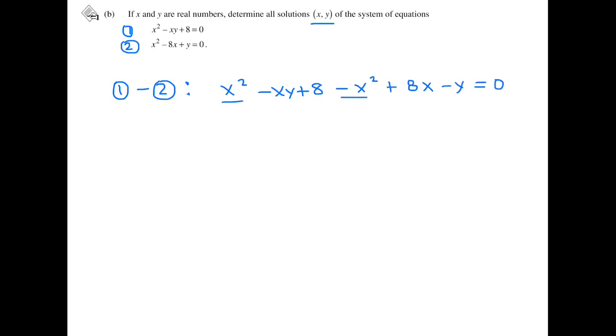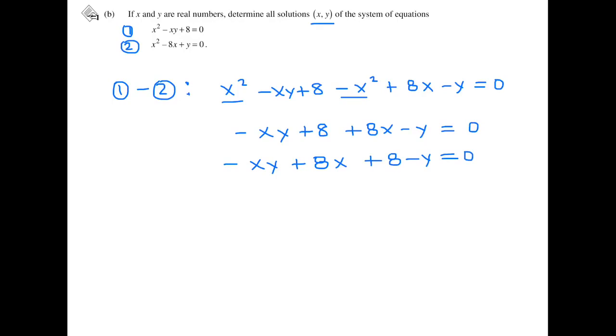So the x squared is canceled, and we've got minus xy plus 8 plus 8x minus y. Now if you rearrange it like this, minus xy plus 8x plus 8 minus y, it'll allow you to factor things out.